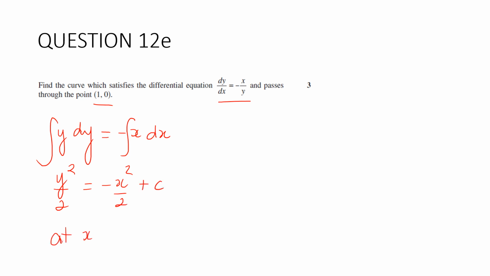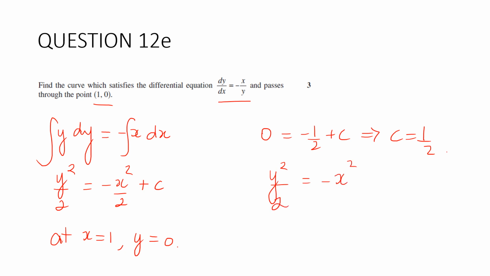At x equals 1, y is equal to 0. 0 is equal to negative a half plus c, so c is equal to a half. So we've got y squared on 2 is equal to negative x squared on 2 plus a half, times everything by 2. y squared is equal to negative x squared plus 1, and take the x squared over.